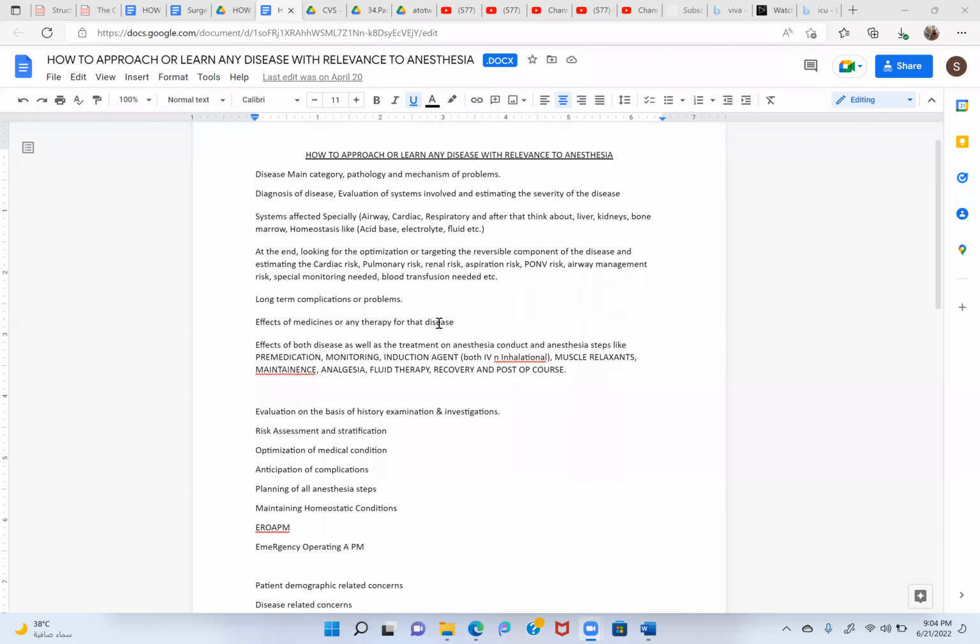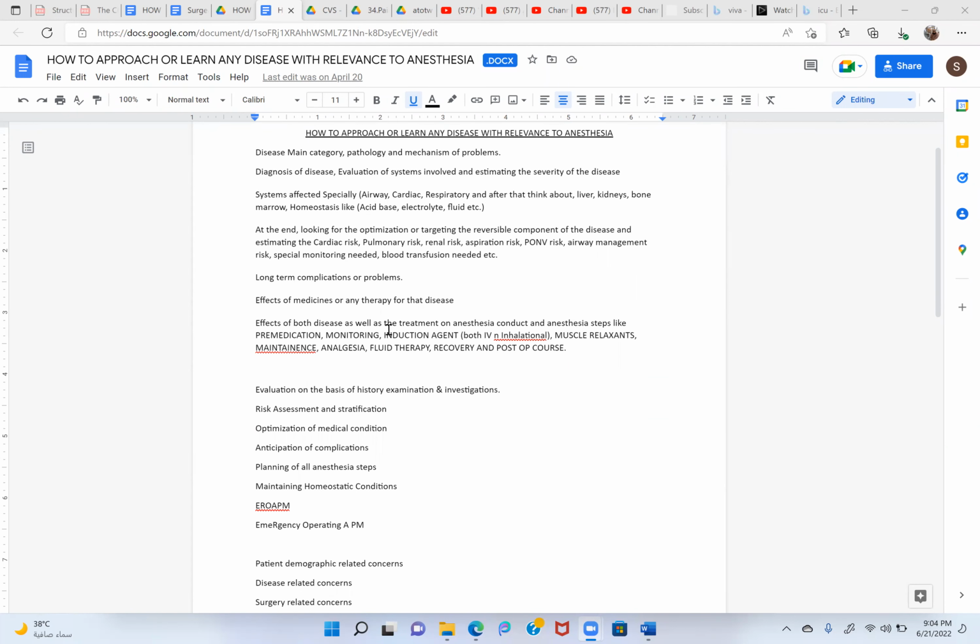And one thing we missed: at the time of induction, diabetic patients are at more risk of hemodynamic instability, the roller coaster phenomenon. At induction, if you give too much dose, suddenly the blood pressure will fall. Then when you do the intubation, the blood pressure will go up. Then you increase the depth of anesthesia.